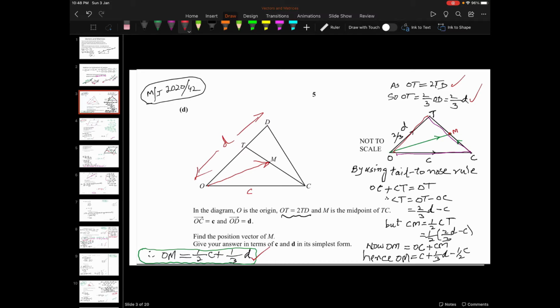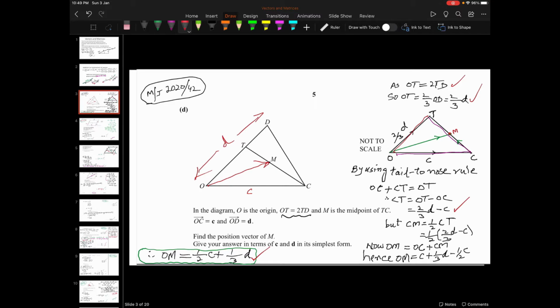Shift OC on right hand side and substitute the values of OT and OC. Therefore, CT is equal to 2/3 D minus C.